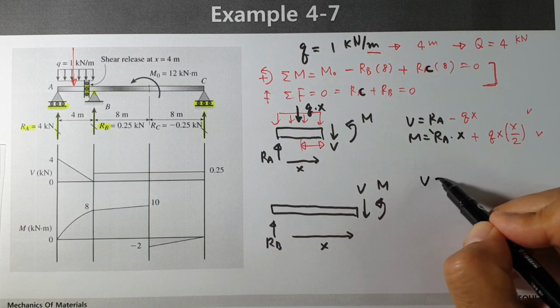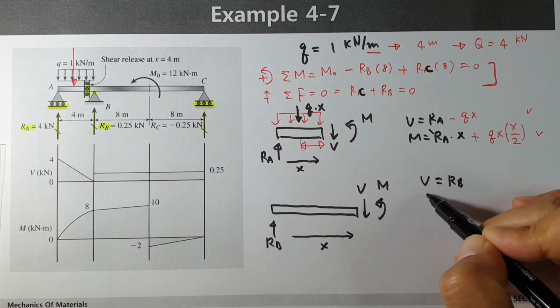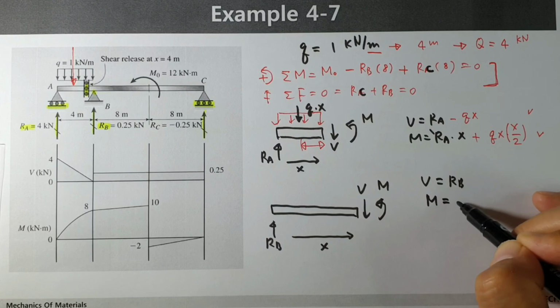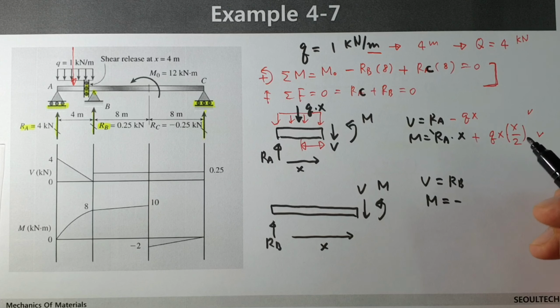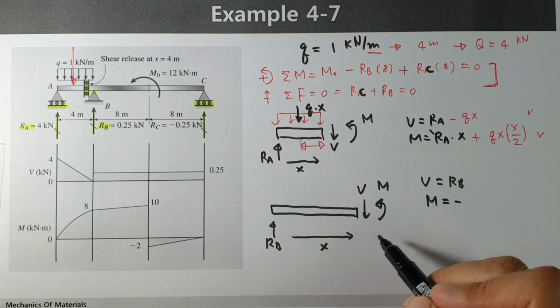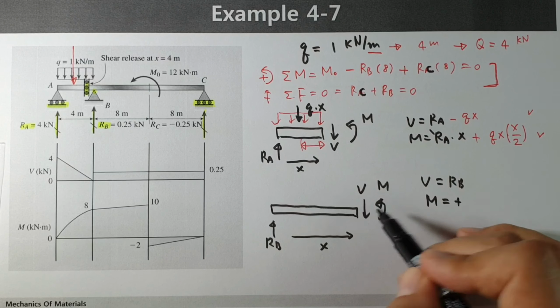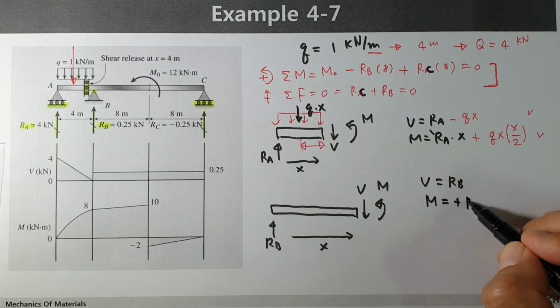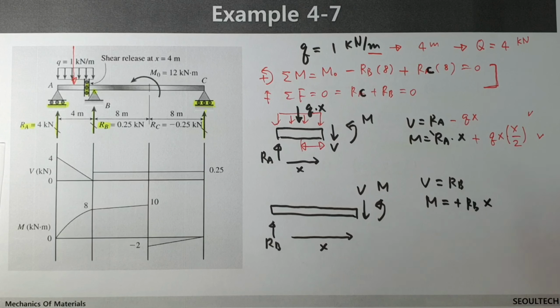Then V equals what? Alp. M equals what? M equals plus Alp X.